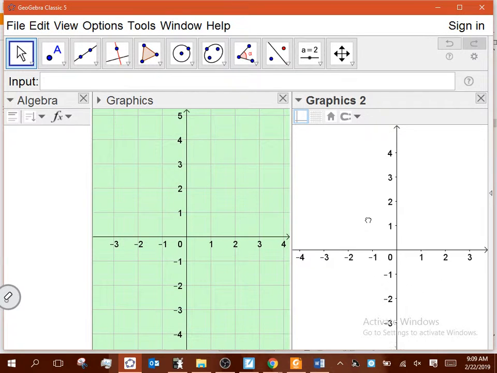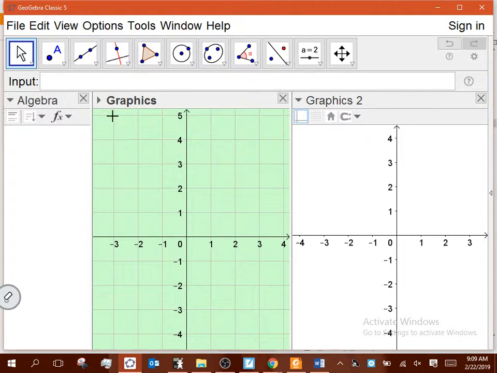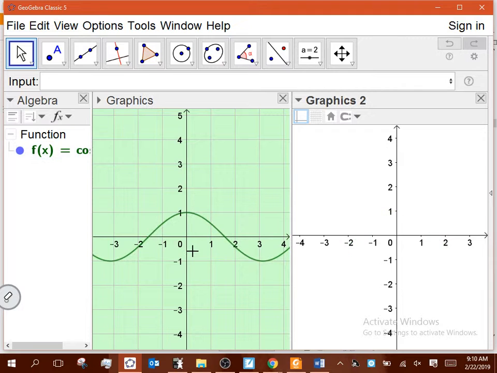All right, so let's say in this green box I put in cosine of x. Looks like that, okay? Now, in the second graphic here, I'm going to type in cosine of x for x being greater than 0.